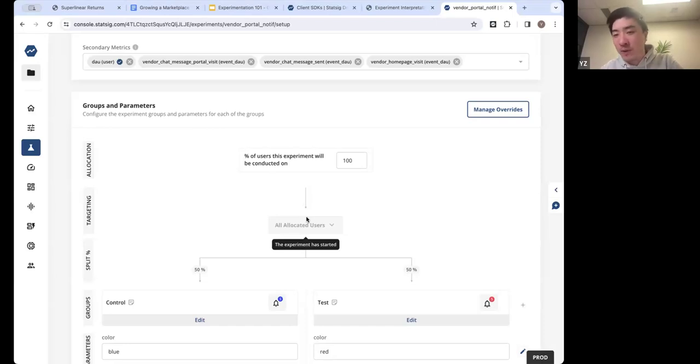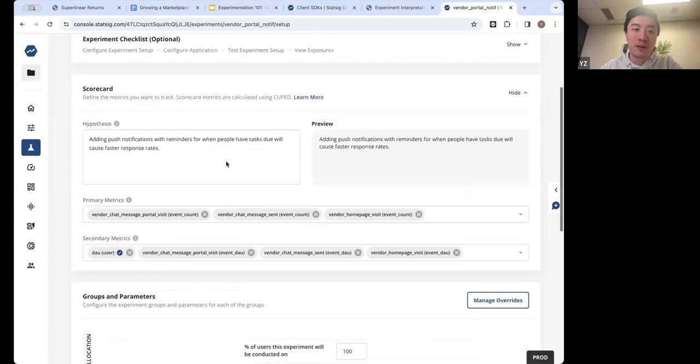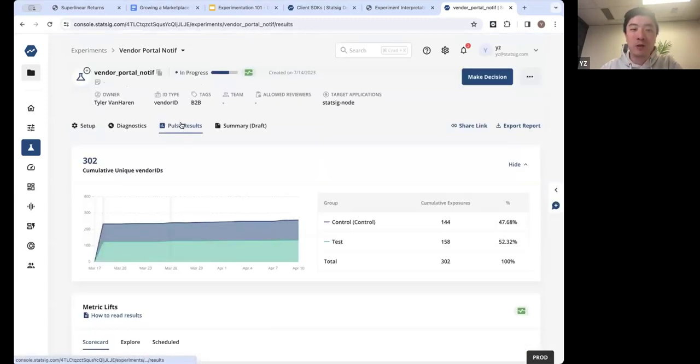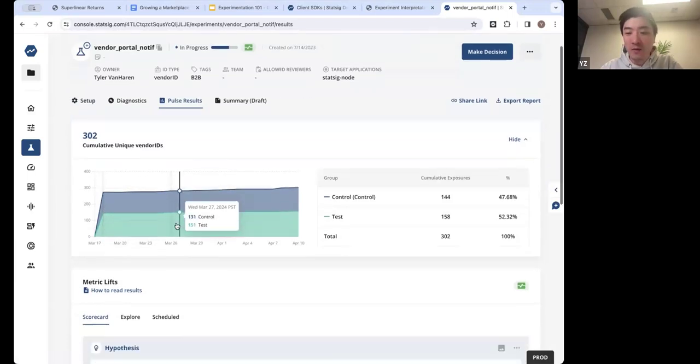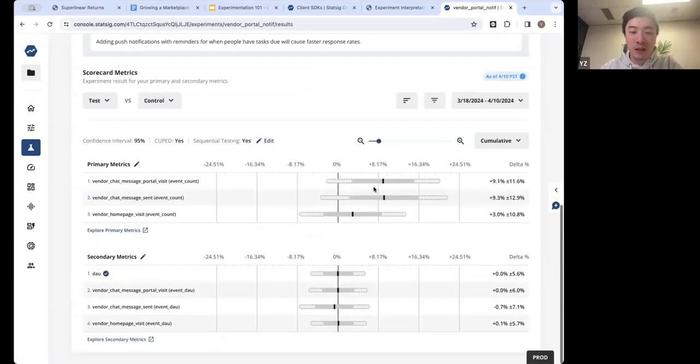And for the 100% of users who clicked add to cart, I randomly send 50% to the test experience and 50% to the control experience. And then I go to the results reading and I see, okay, 50% goes to test, 50% goes to control, and I read the results.